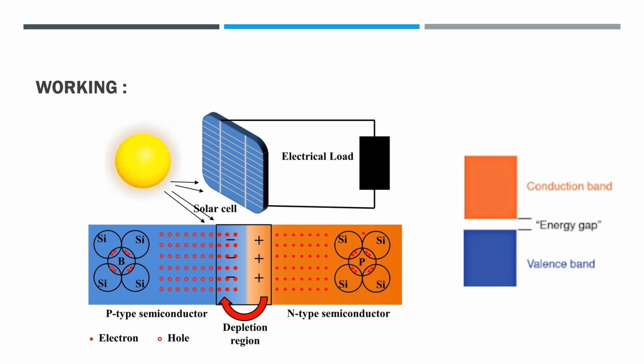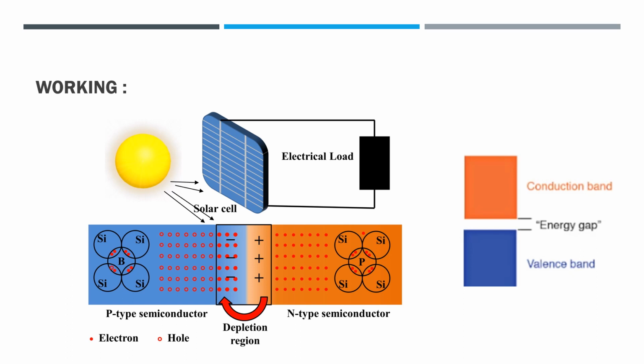You can see on the right side of the slide the band structure of a semiconductor. Let us consider the valence band completely full, that is no holes, and the conduction band completely empty. Therefore, there are no charge carriers in the depletion region.